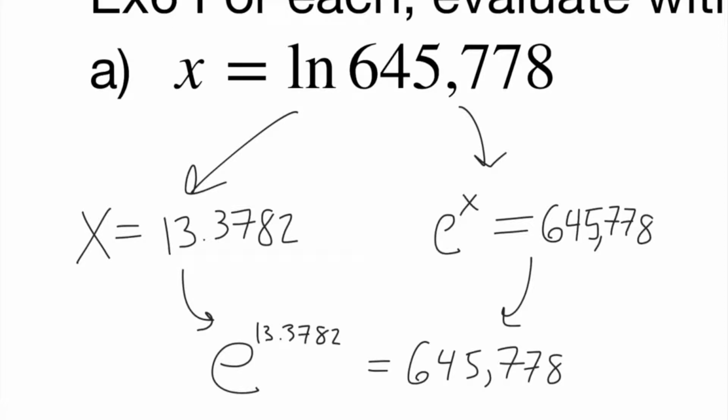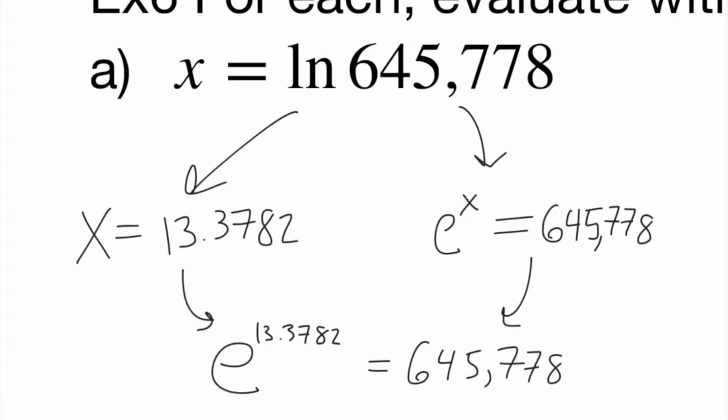You might ask, Bergman, what is the natural log of 645,778? That would be very much like asking, when the base is e, what is the exponent in order to produce a very large number like 645,778? Well, I'll tell you what it would need to be. The exponent would have to be 13.3782.